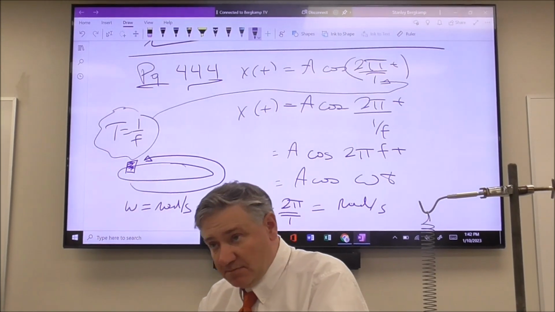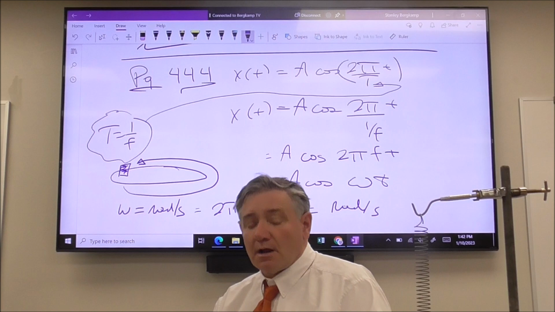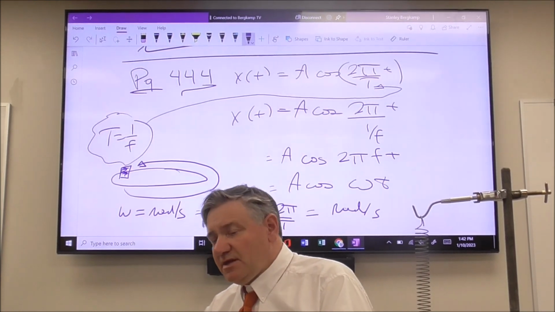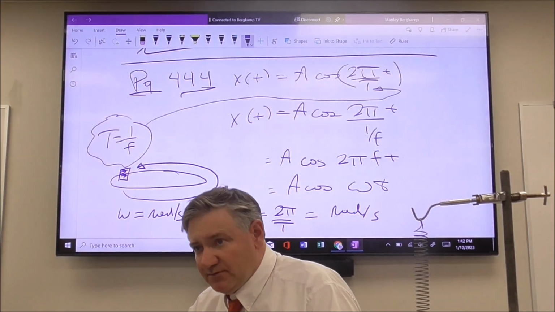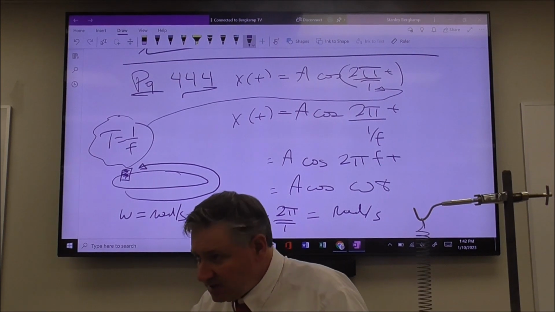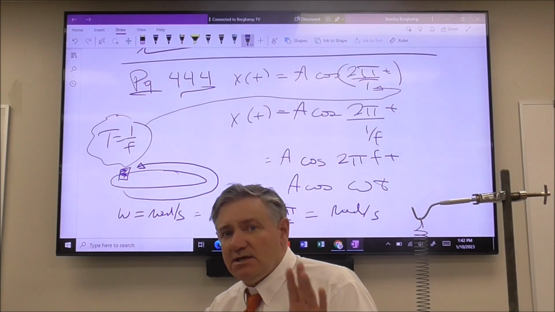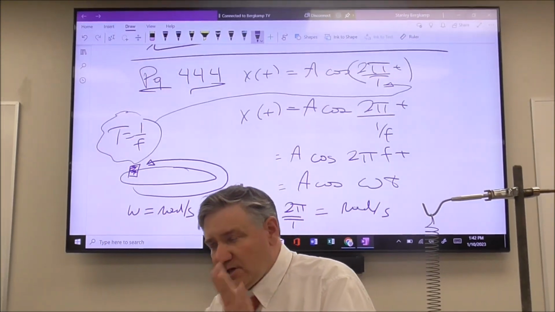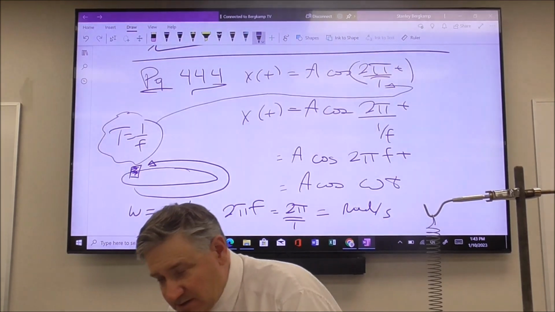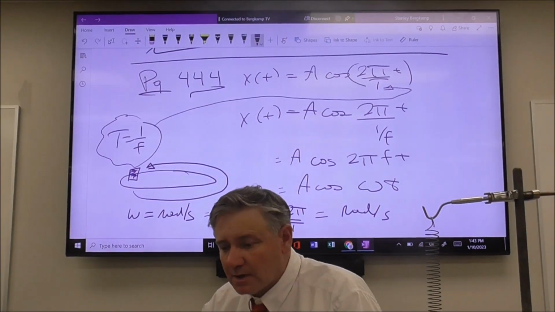On the test, which is Friday, if you need any of these obscure equations, I will give them to you. Don't memorize them. You just have to know how to use them.